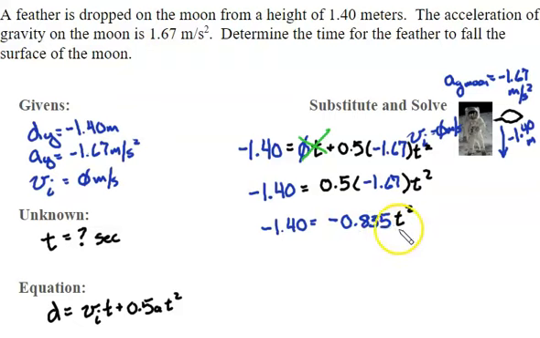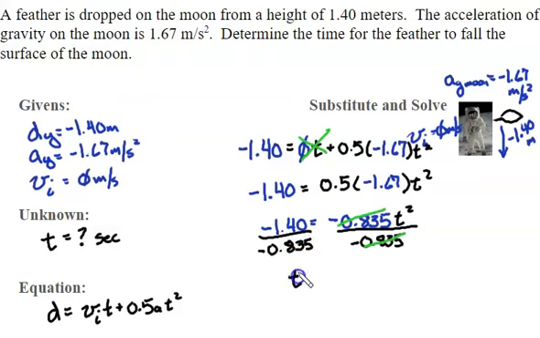In order to get this number away from t squared, I'm going to divide by negative 0.835. And the reason I do that is so that this cancels. But whatever I do to the right, I got to do to the left as well. Divided by negative 0.835.